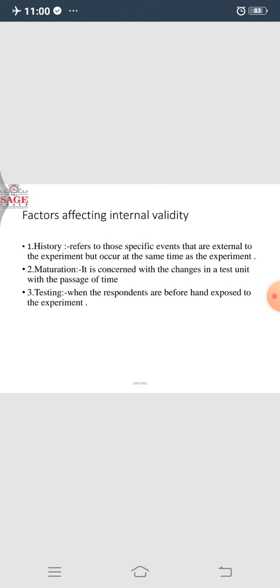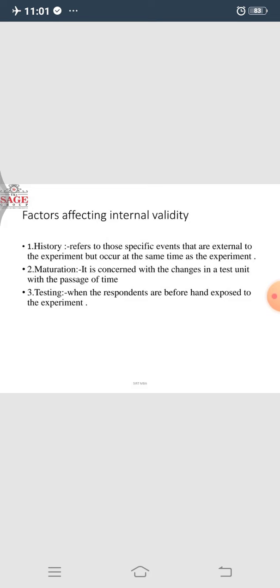So if the experiment has been carried out for say 10 years, the impact on a person 10 years after the experiment has started may have some kind of diluted output. Means we cannot say that, because now he has become 10 years older than when the experiment was started. So this maturation, the time lapse, may also meddle into the output.